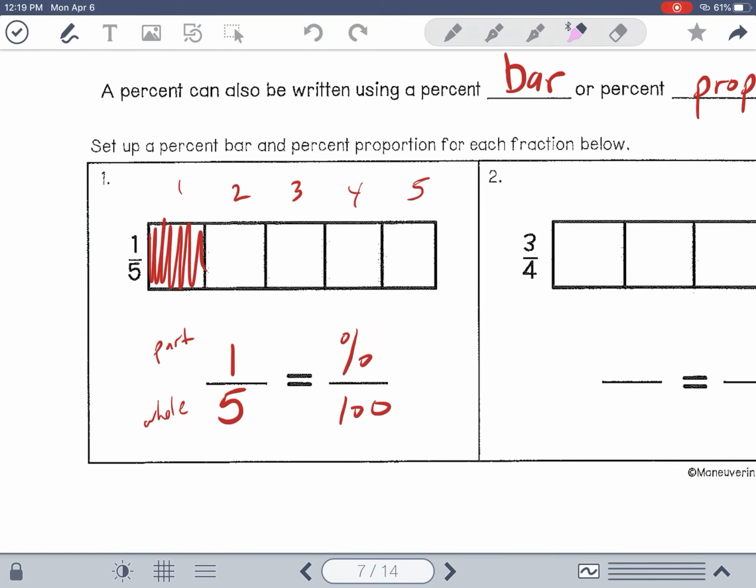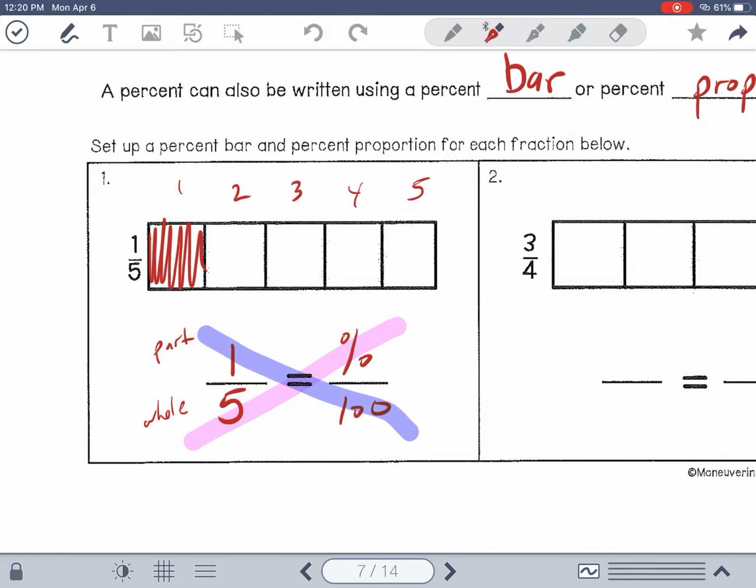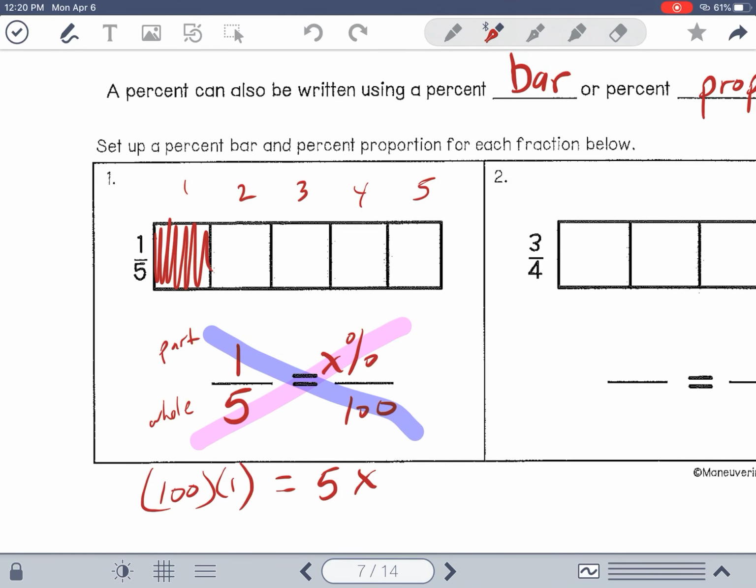Here's a proportion. I wonder if anybody knows how to solve this. Cross multiply. That gives me 100 times 1 is equal to 5x. 100 is equal to 5x.